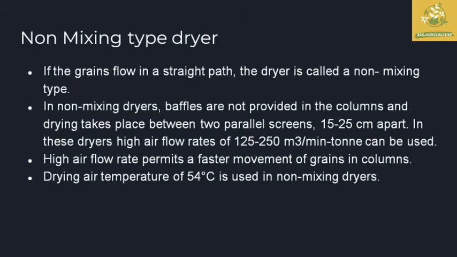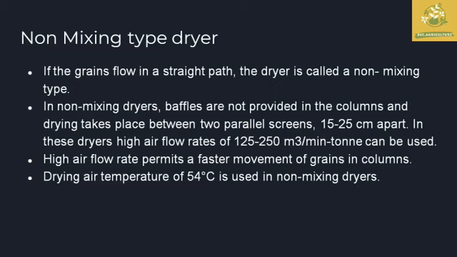Now, in non-mixing type dryers, the grain flow path is straight, and the dryer is called a non-mixing type. In this type, baffles are not provided in the columns, and drying takes place between two parallel screens, which can be 15 to 25 centimeter apart.